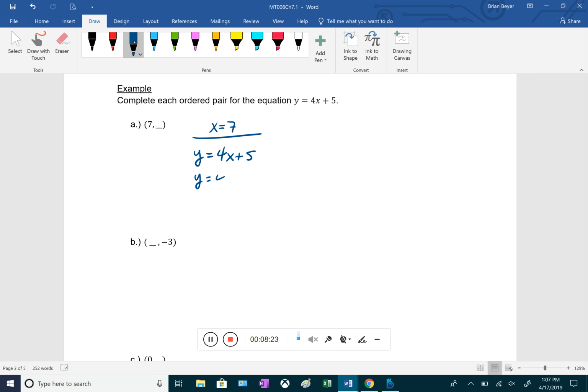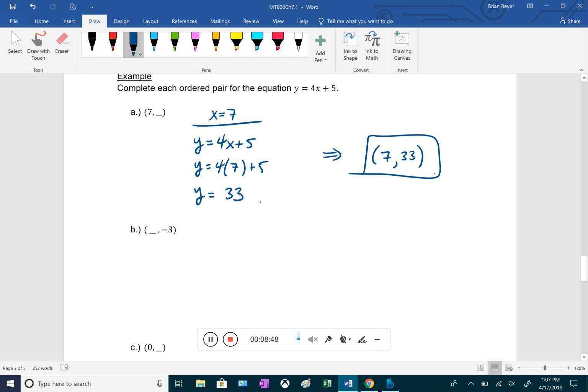So we're going to get 4 times 7 plus 5. That's going to be 28 plus 5, so we get 33. So that means completing the ordered pair, it's going to give us the ordered pair 7, 33.